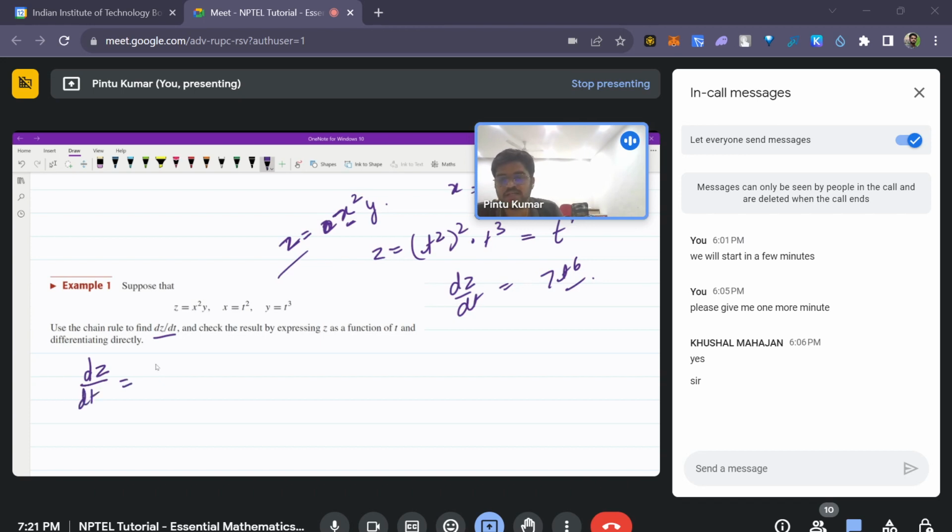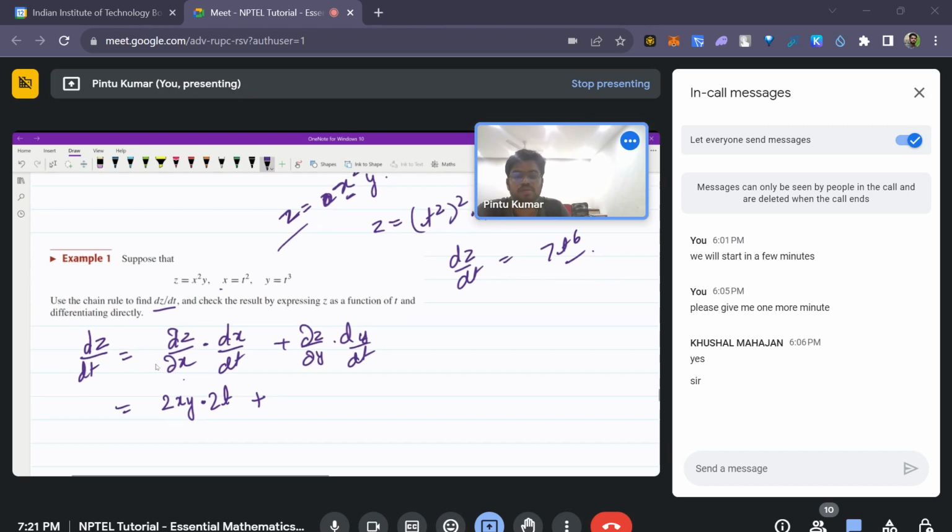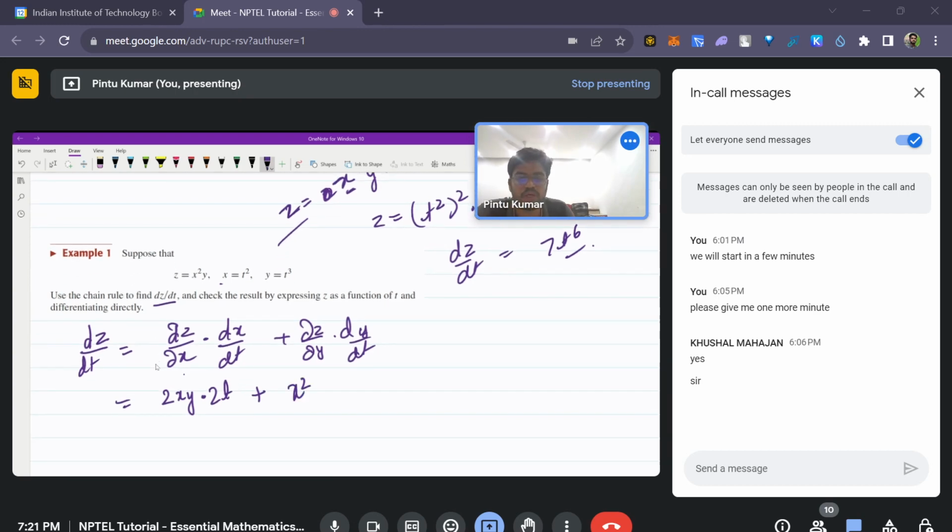Now dz by dt is del z by del x into dx by dt, plus del z by del y into dy by dt. So what is del z by del x? You will get 2xy, and what is dx by dt? This is 2t. Now plus del z by del y, this is x square, into 3t square.